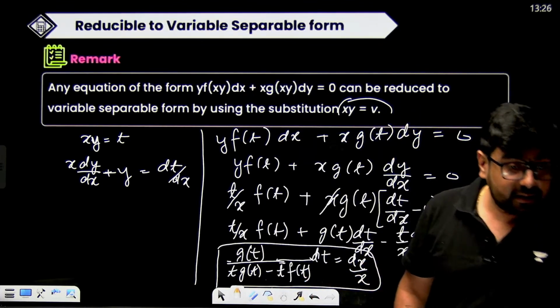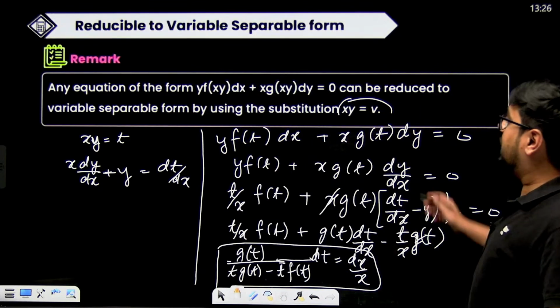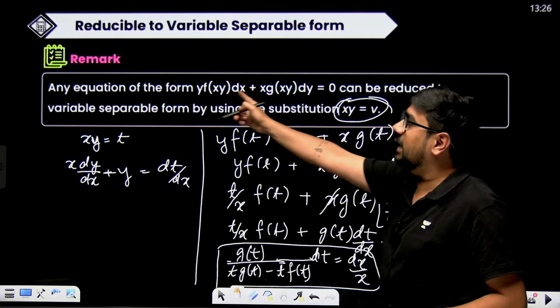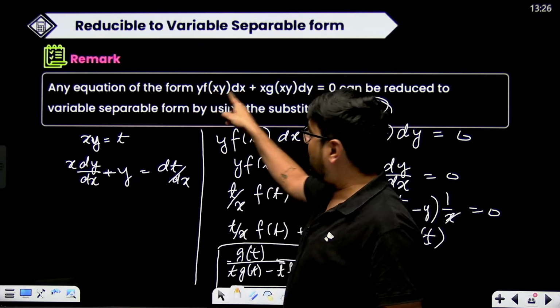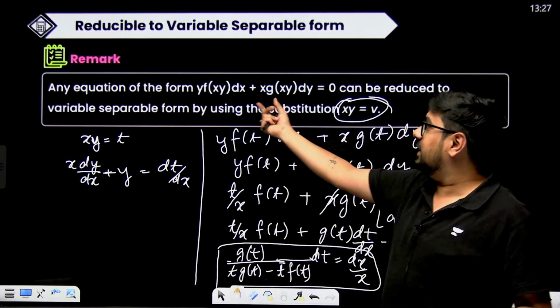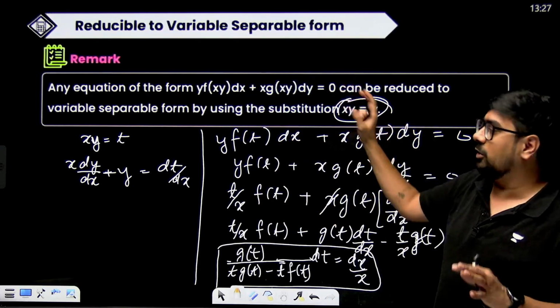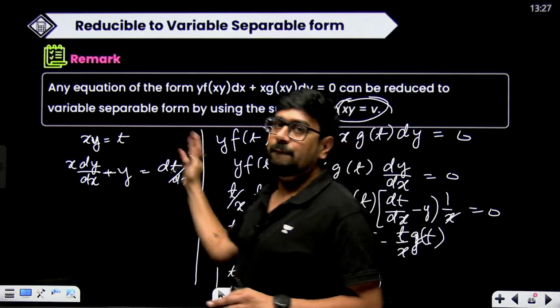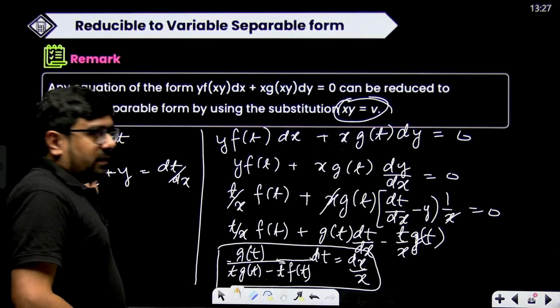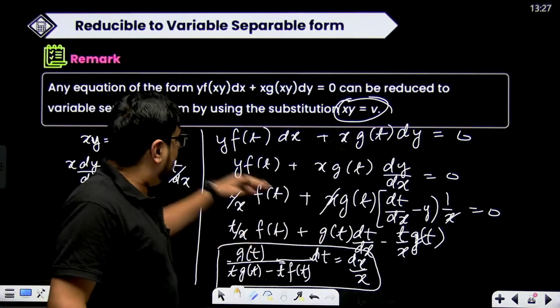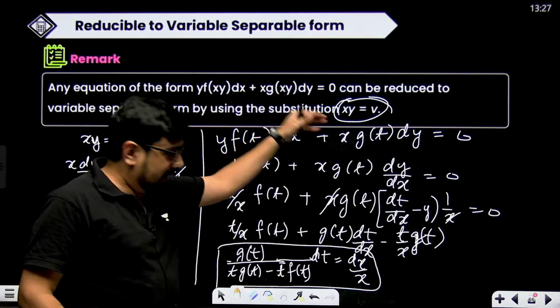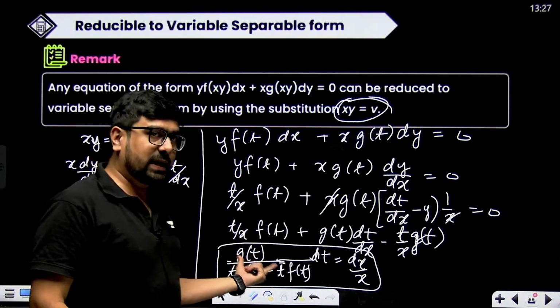So if you get a situation like this, where you have dx with y, dy with x, and there are functions of xy involved, just simply substitute xy as t or v or something, and then proceed with the approach like this. Here we proved that it will reduce to variable separable form, and it will always happen.